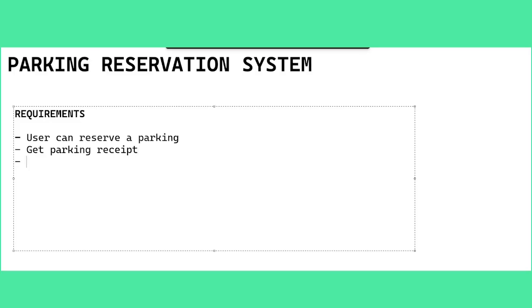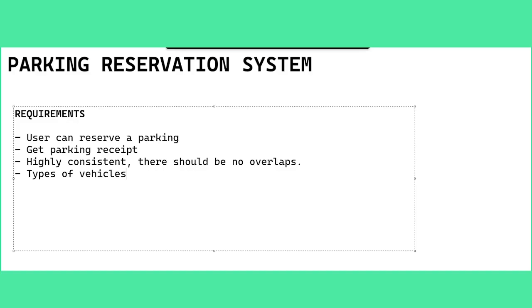Then the system should be highly consistent, because you need to make sure that the parking that you're trying to reserve is actually free and not reserved by someone else. There should be no overlap. Then types of vehicles, or types of parking.